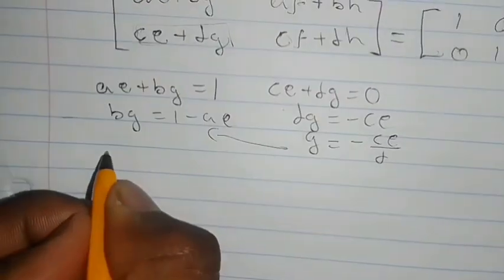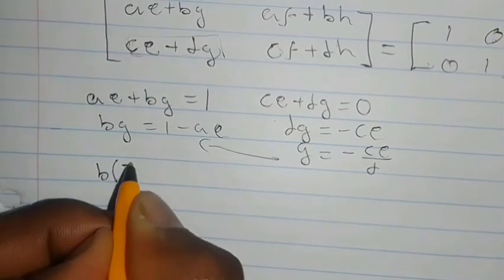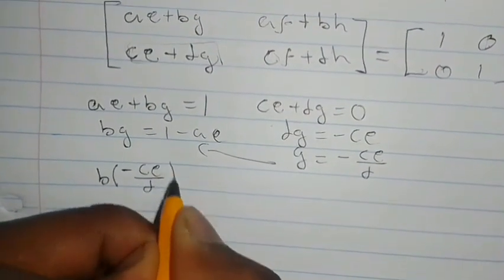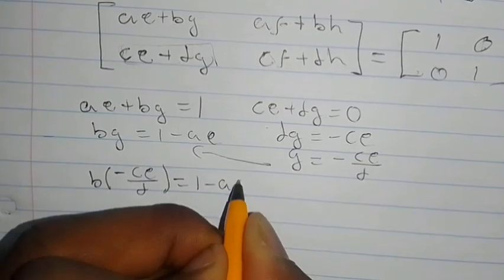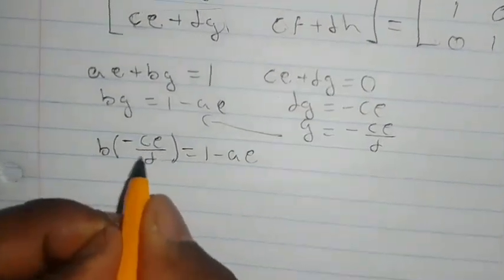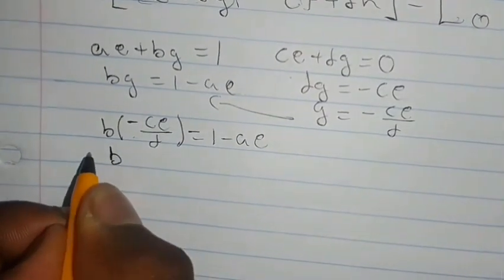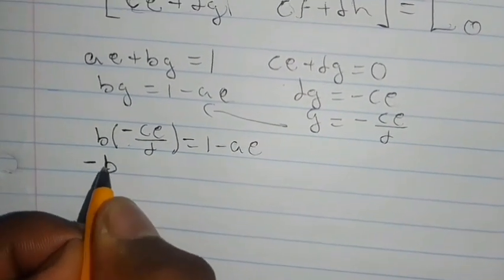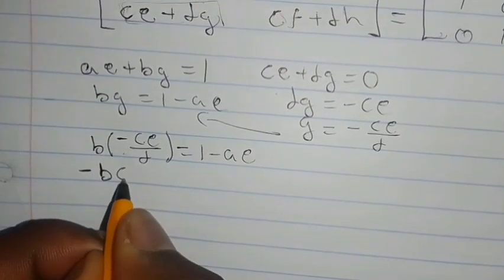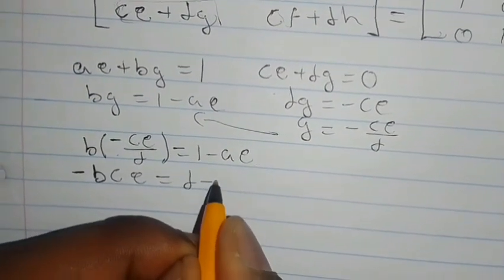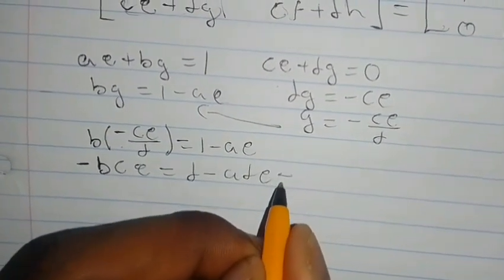So now we have b times minus ce over d, which will be the same as 1 minus ae. Now we want to solve for e, so we multiply both sides by d. So we have minus bce equals d minus ade.